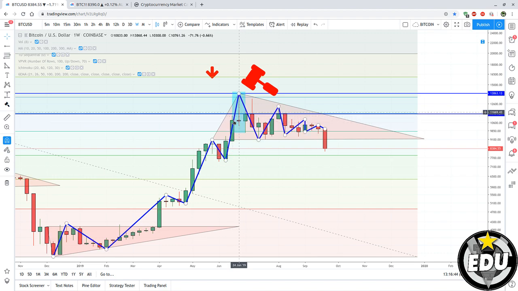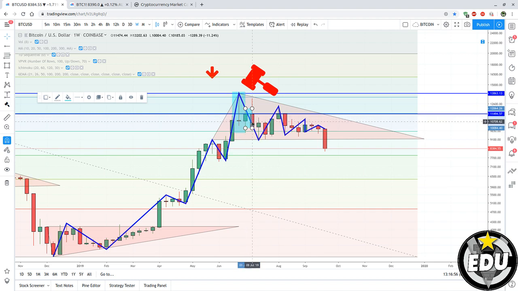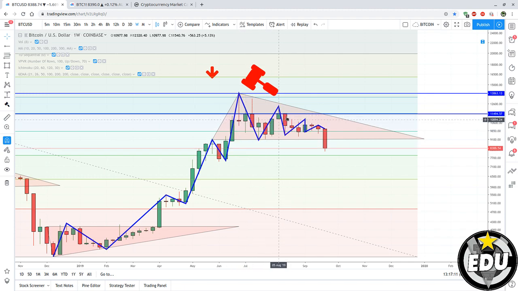So I said gravestone doji here. Then what else we got? We got bearish engulfing here, right? Red candles that cover the previous candle's body. Bearish engulfing. Why did nobody care about that candlestick pattern? Wow, at the end there was a gravestone doji, a bearish engulfing, and another bearish engulfing on the 70-70.